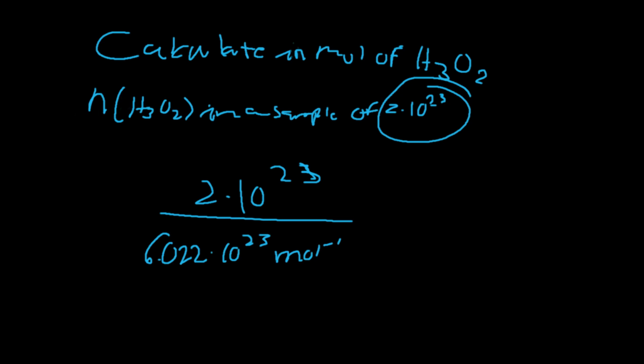What you're pretty much doing is simply dividing one number by another, the number of particles over Avogadro's constant. That gives the relationship between the amount in mole and the number of particles in the sample.